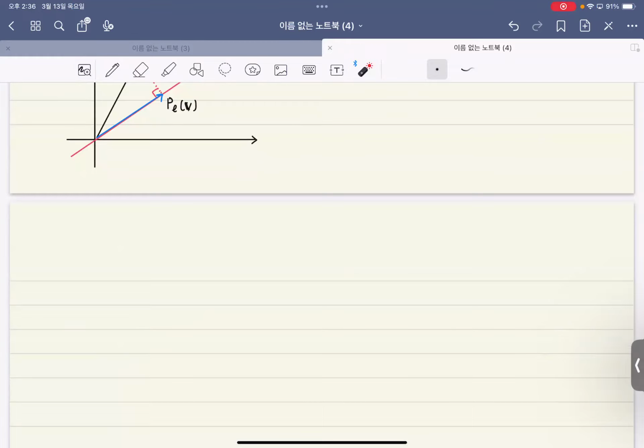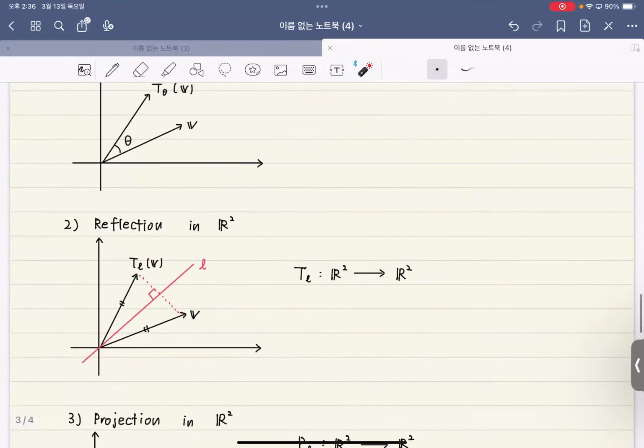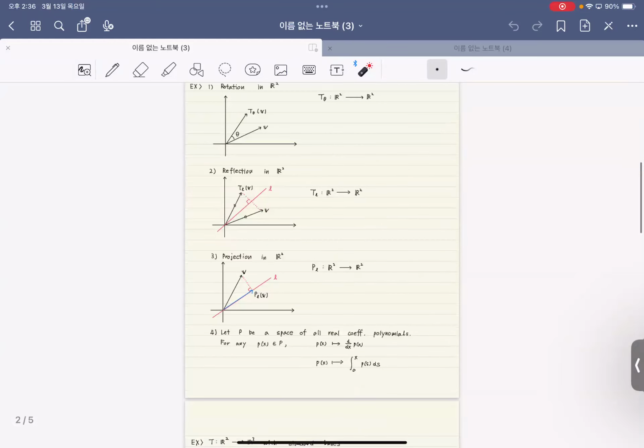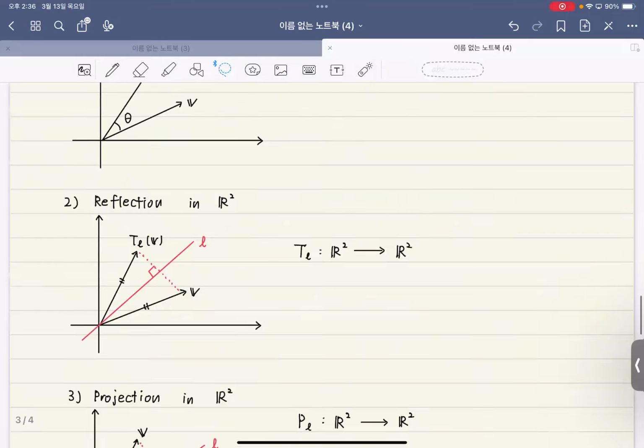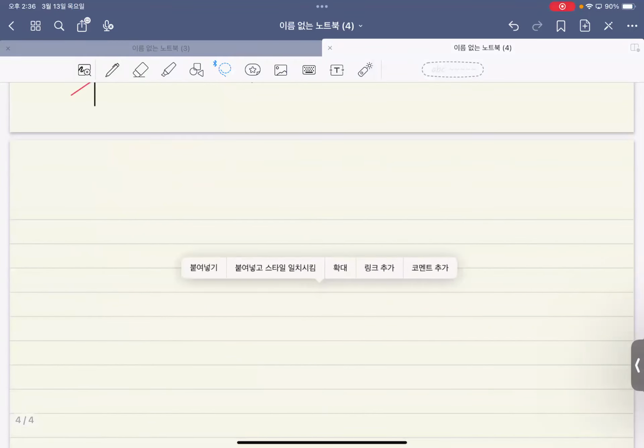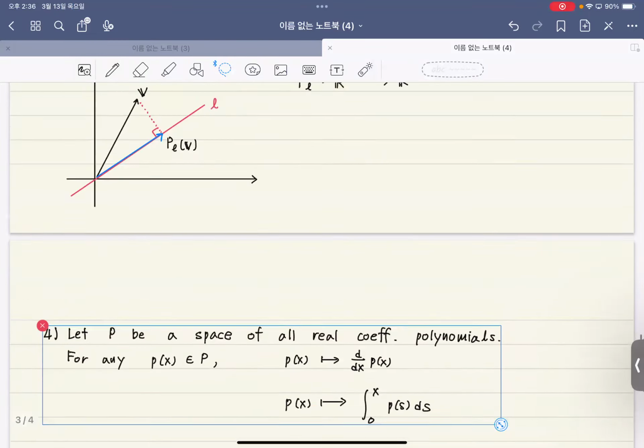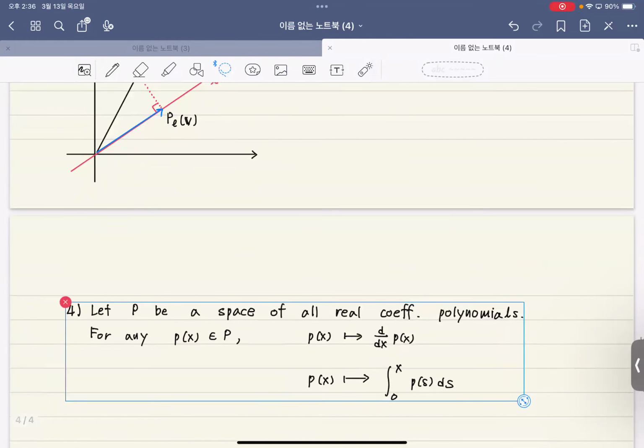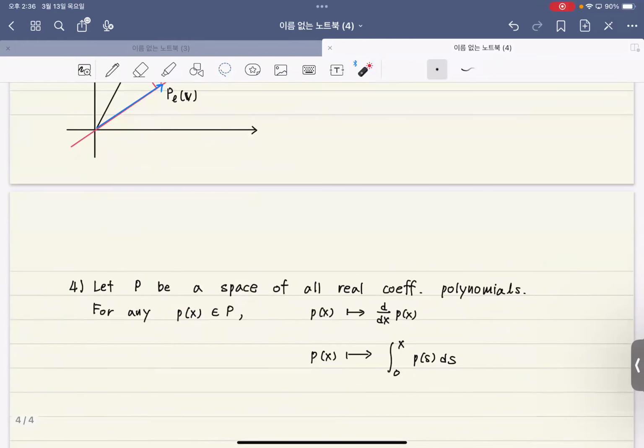These are very geometric examples. And also, I have one very algebraic example of a linear transformation. Let P be the space of all real coefficient polynomials on the variable x.